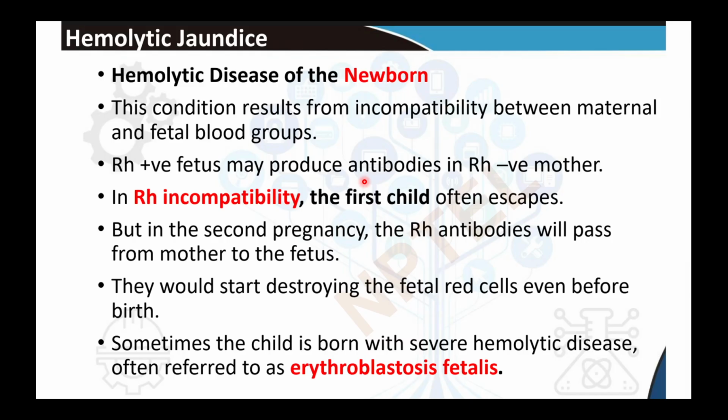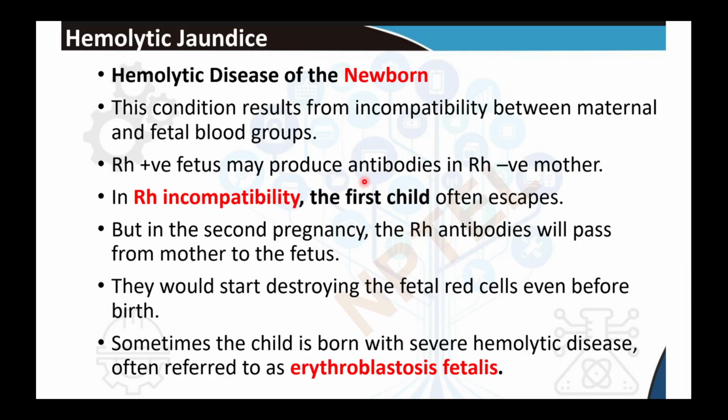But in the second pregnancy, the mother has the Rh antibodies because the body has been exposed to Rh positive antigen. So the body has now prepared antibodies, and if during the second pregnancy the fetus is again Rh positive, the mother's Rh antibodies will start attacking the fetal red blood cells, because they have the Rh antigen.